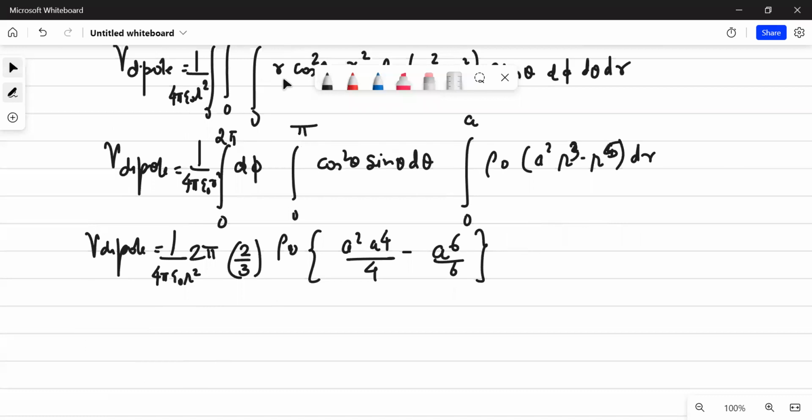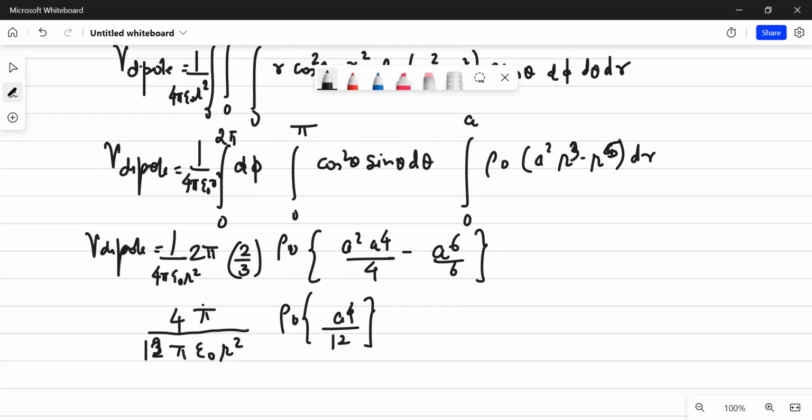So this will be a to the power 4 minus a to the power 6, which will be a to the power 4 upon 12, and then you have this rho naught, you have this 4 pi upon 3, so this will be like 3 into 4 is 12, and then you have this pi. And it is asking at a very far distance d. So instead of r you can write d.